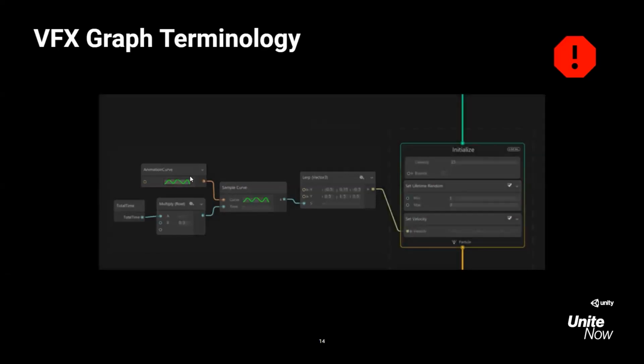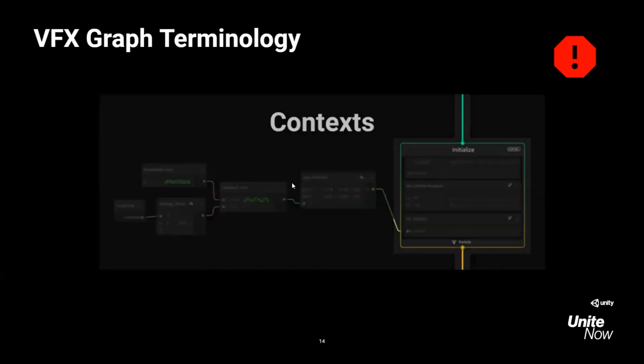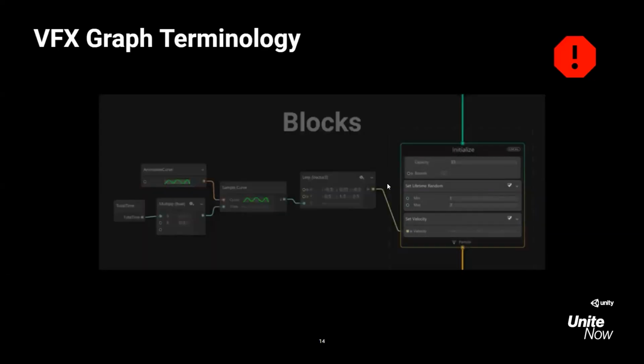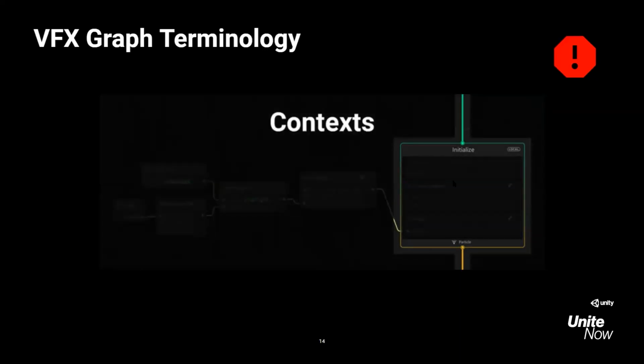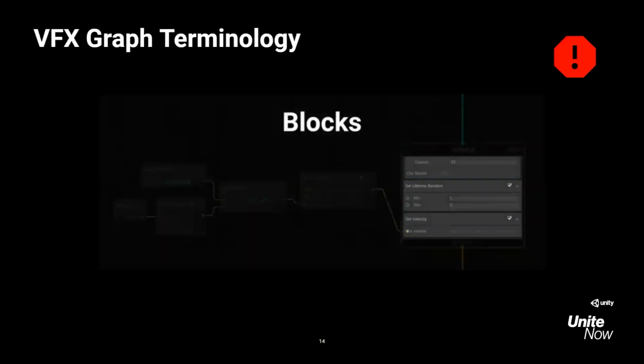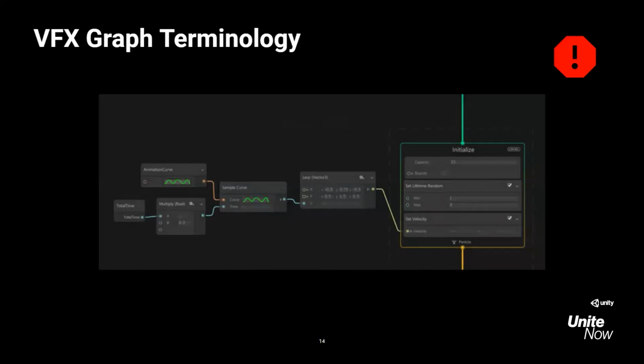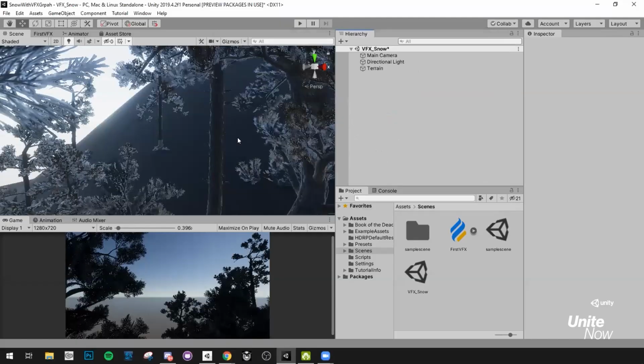We also have nodes, similar to nodes in Shader Graph if you are familiar with it. They run different pieces of logic to change these properties in the VFX graph.